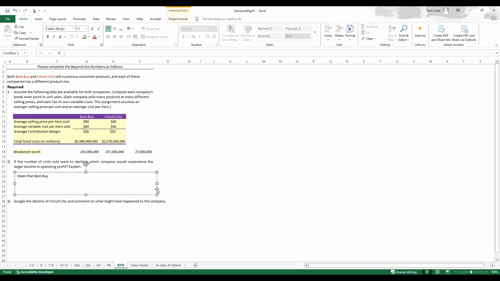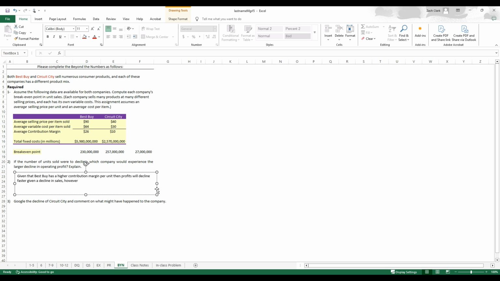Given that Best Buy has a higher contribution margin per unit, then profits will decline faster given a decline in sales.